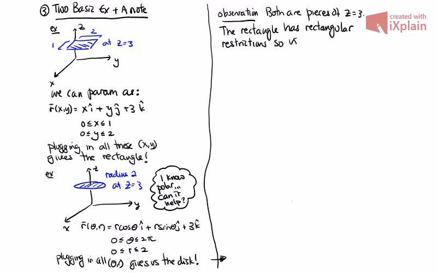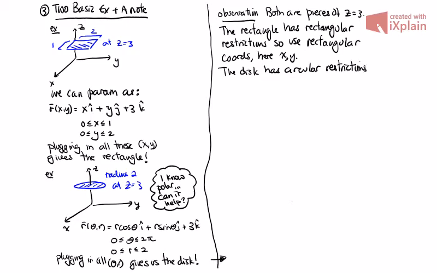So we use, if you like, rectangular coordinates here, x and y. The disk, let's say, has circular restrictions, if you like. So we use coordinates that are familiar for that. So we use theta and r.